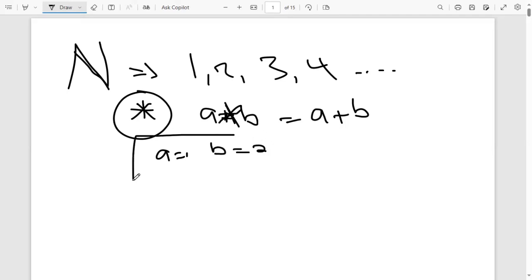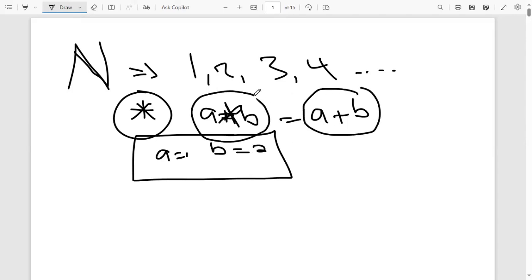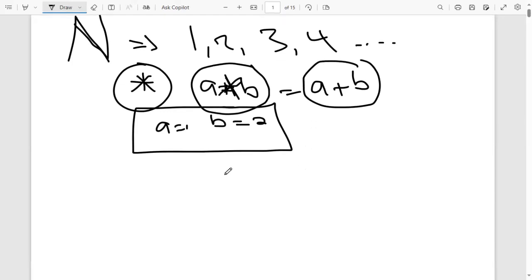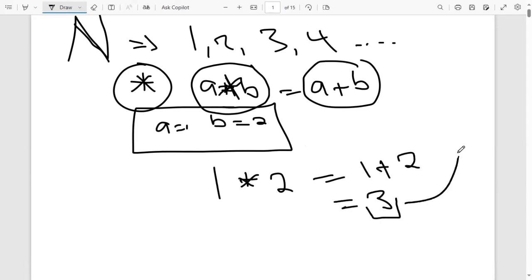When I pick these two values from the set of natural numbers and apply this binary operation, the number I get should also be a natural number. So here you can say 1 star 2. This will just give you 1 plus 2, which is 3. Now you ask yourself, is the answer I'm getting also a natural number? We can see that 3 is a natural number.